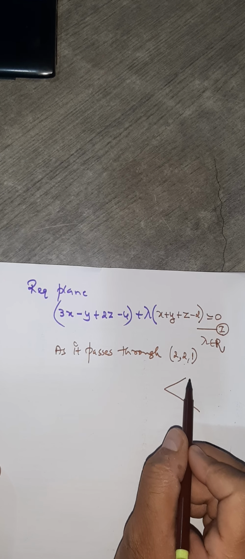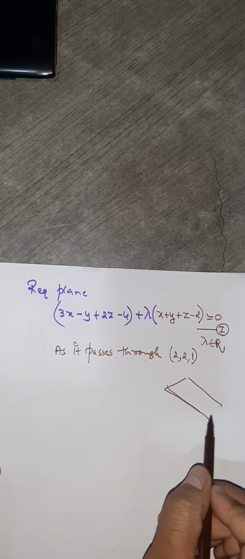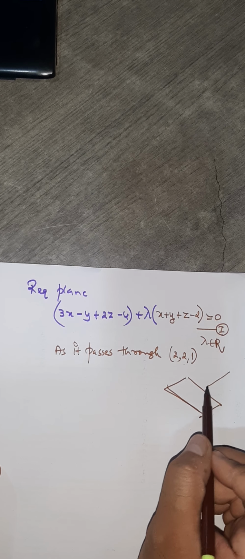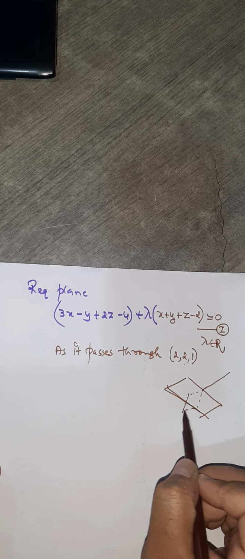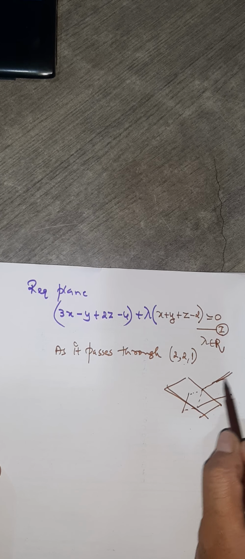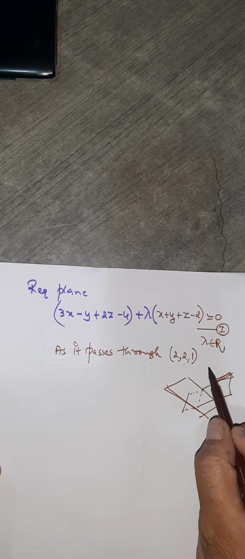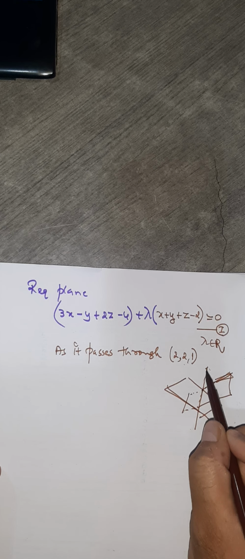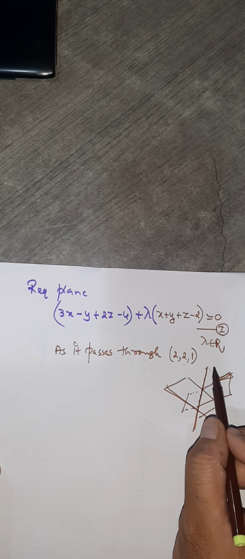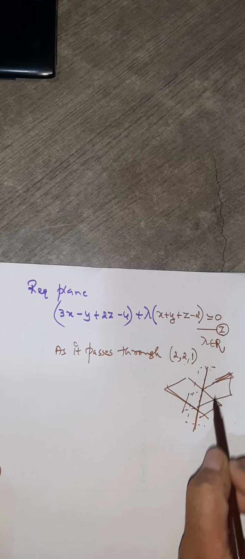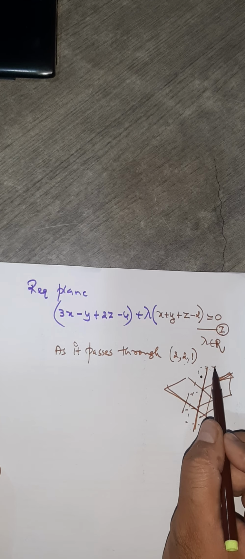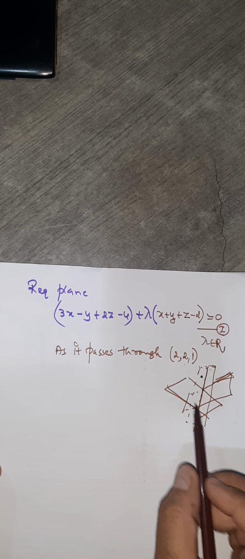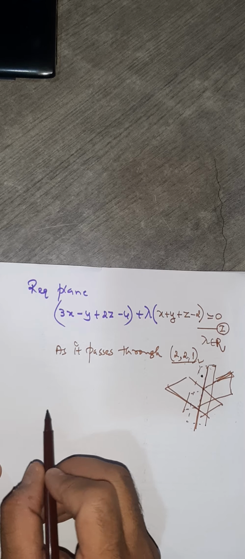For example, this is one given plane here. Let me draw one more plane here. This is another given plane. Our required plane is this, that passes through the intersection of these. Our required plane may be like this, for example. And the point is there. Which point? (2, 2, 1), which is on the required plane, remember.